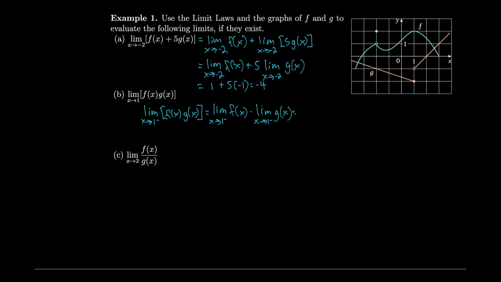So the limit of f as x approaches 1 from the left, moving in over here, just equals 2. And the limit of g we already said was minus 2. So that's minus 4.